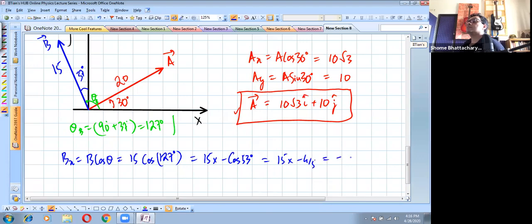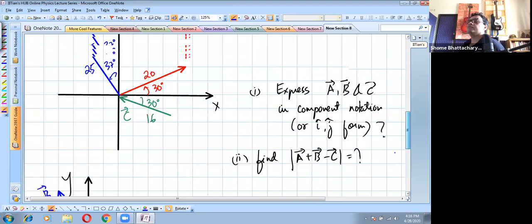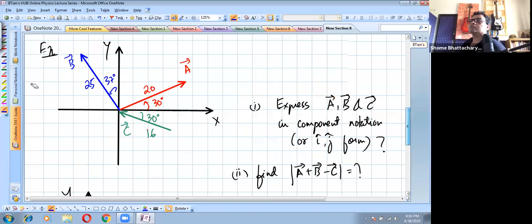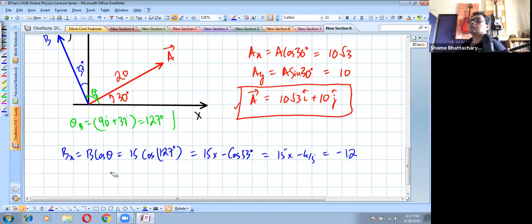Sorry, the magnitude was 25, my mistake, so just make a quick correction here. So 25 into 4 by 5 as you know is 20, but here it will come with a minus sign.